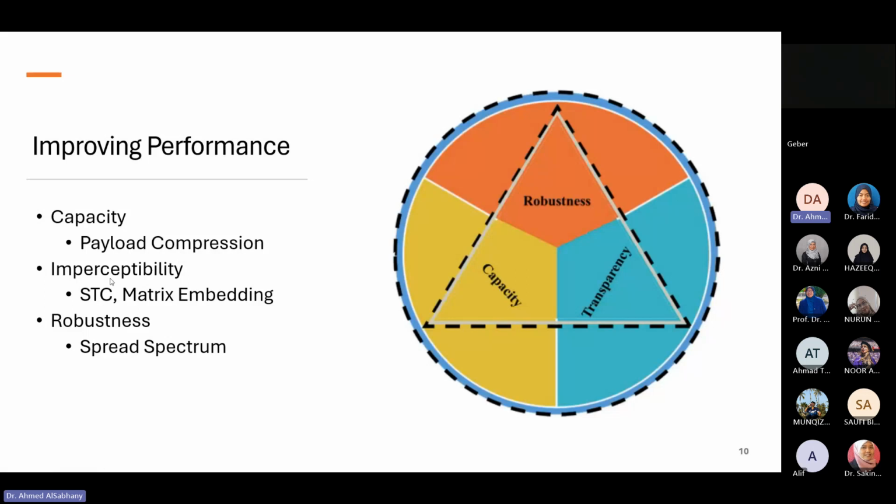Okay. For example, if we are using payload compression, like Huffman encoding and run length encoding or any other compression method, the capacity will be increased. For the imperceptibility, syndrome trellis codes and matrix embedding, the F5 algorithm, are the most bright algorithms regarding the efficiency of embedding.